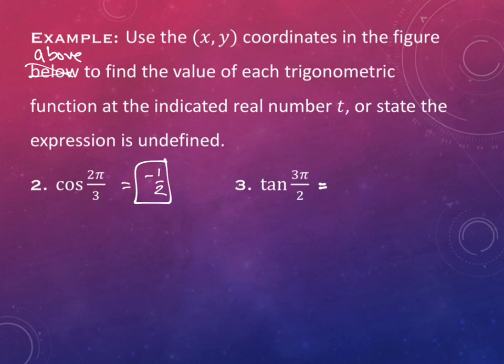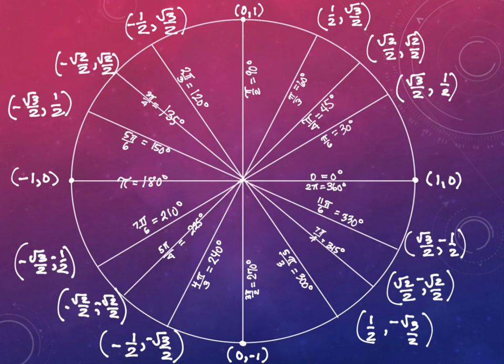So tangent is what? Sine over cosine, or we defined it as well as y over x. So either of those versions are fine. Now at 3 pi over 2, we are down here, right? This is 3 pi over 2. The y value is -1 and the x value is 0.